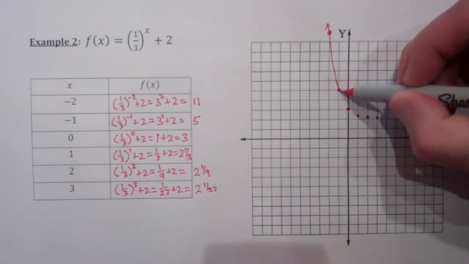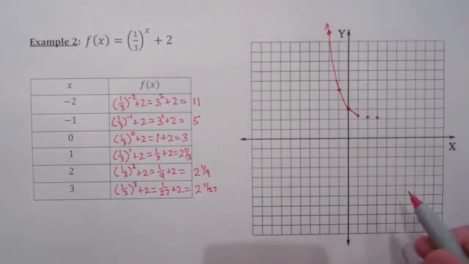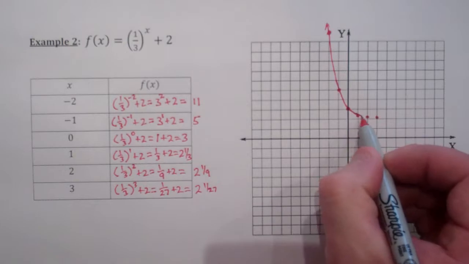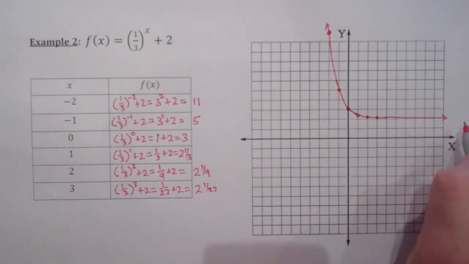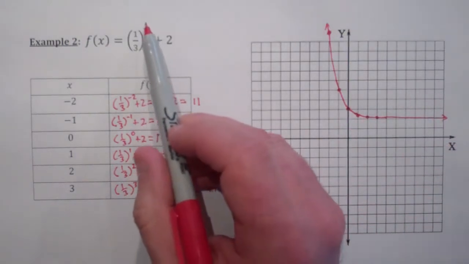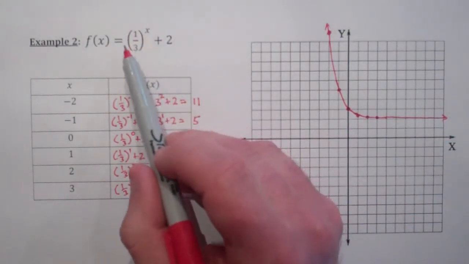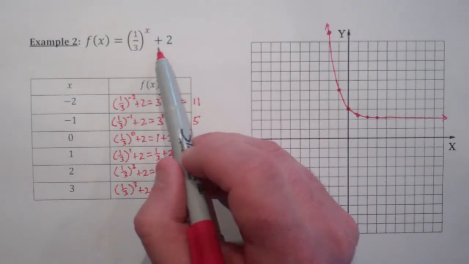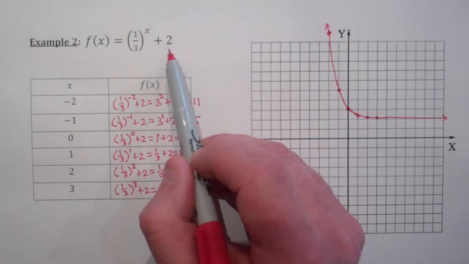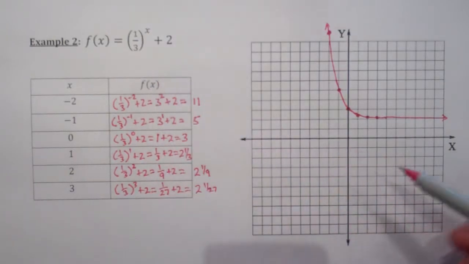And what I don't want to do is cross over y equals 2. So I'm just going to try to get really, really close to it right there. This part of the expression, 1/3 to the x, can be close to 0, but we're always going to be adding 2. So you can't have any y values that are lower than 2.